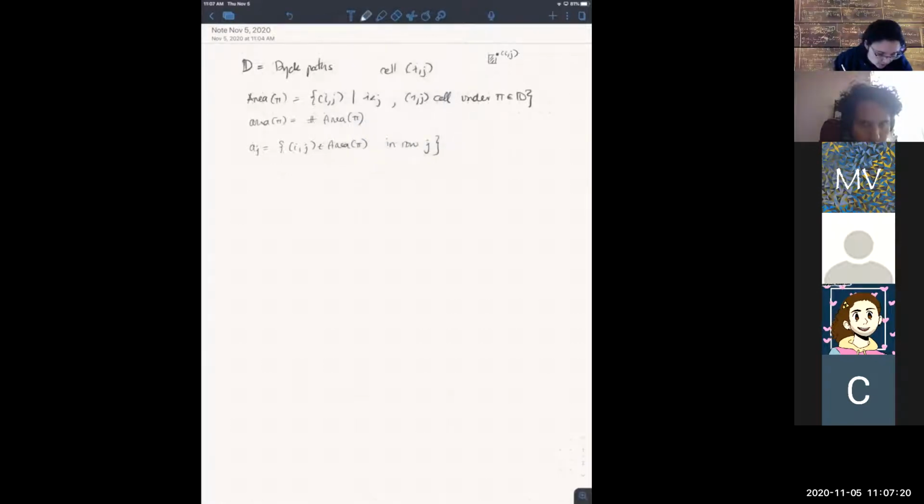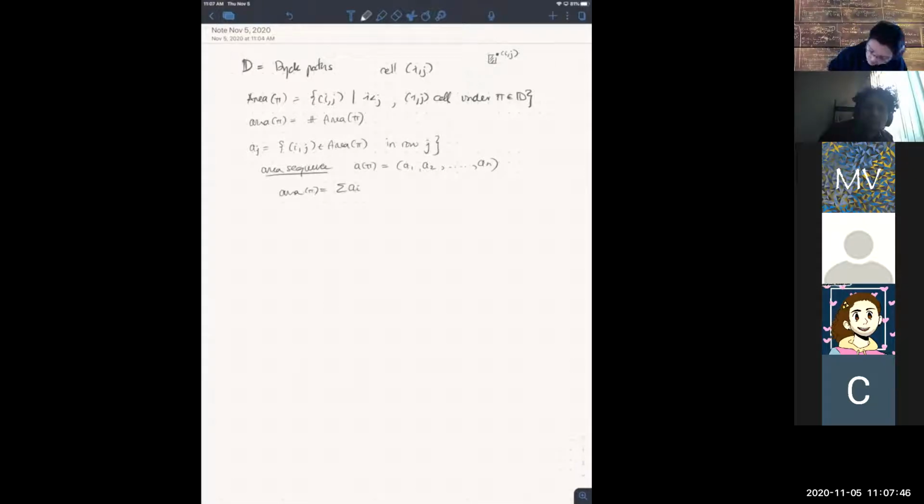From here, we can construct what's known as the area sequence, which is going to be denoted by a of pi. It's just a1, a2, exactly as you would expect, up to an. Where obviously the area of pi is then just the sum of the ai's, right?